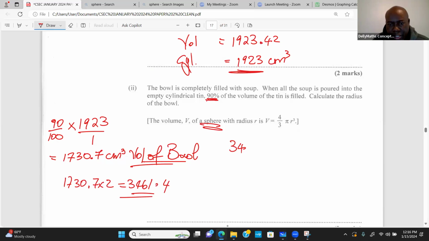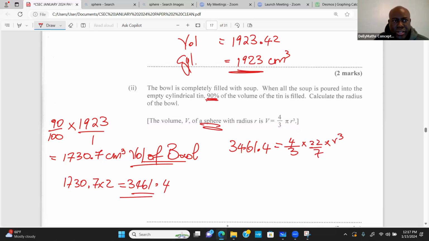Basically, 3,461.4 is equal to 4/3 pi. I'm just going to start substituting. Pi is 22/7. So we're talking times 22/7 times r to the third.